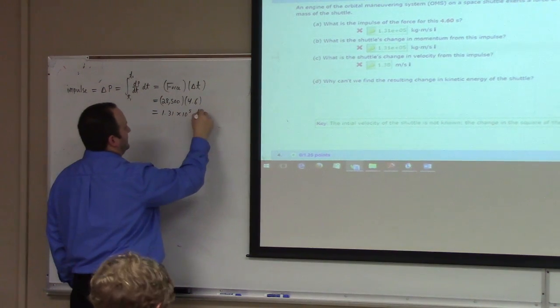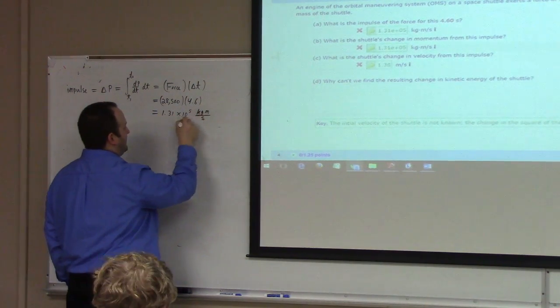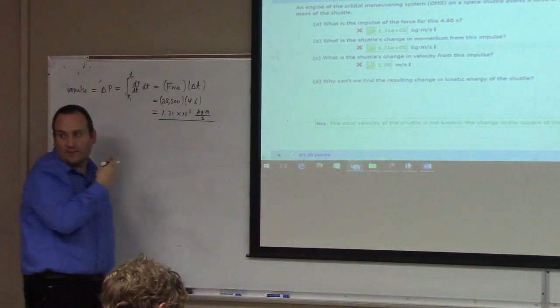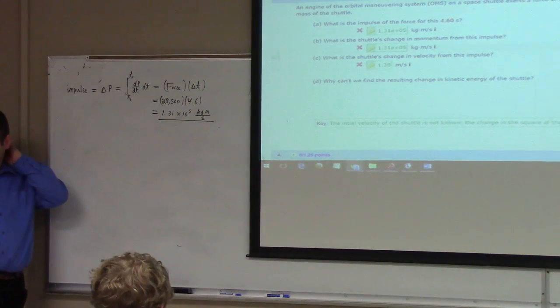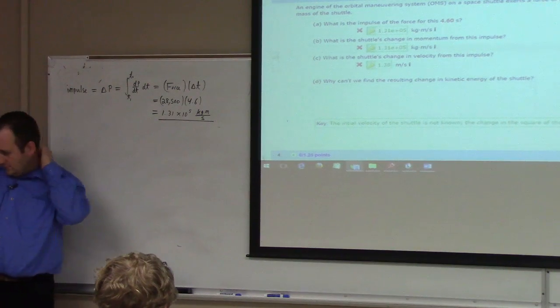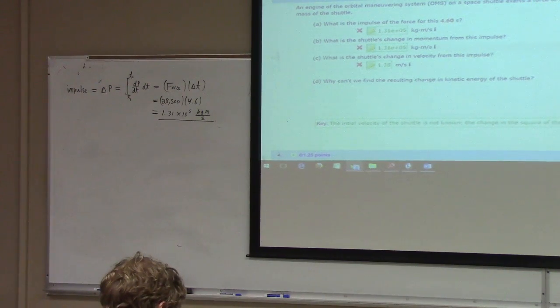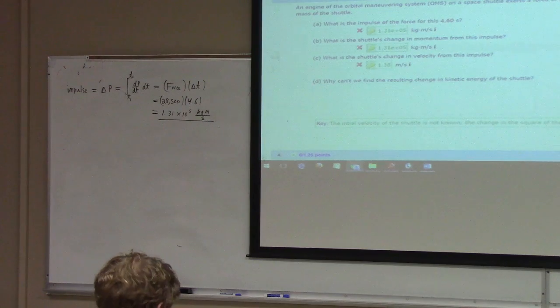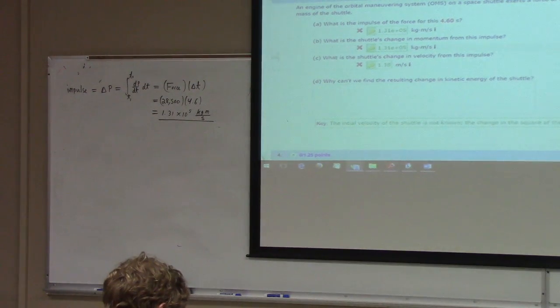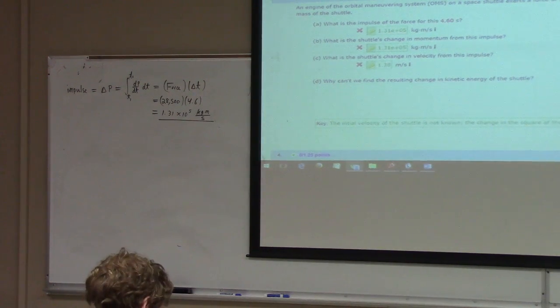Kilogram meters per second is the unit of momentum. That probably wasn't what you had a question about, was it? Oh, that was? Okay. What's the shuttle's change in momentum from this impulse? Oh, fine. There's a philosophy.